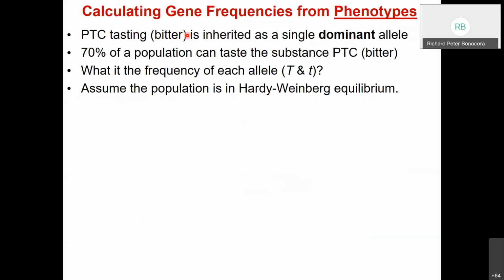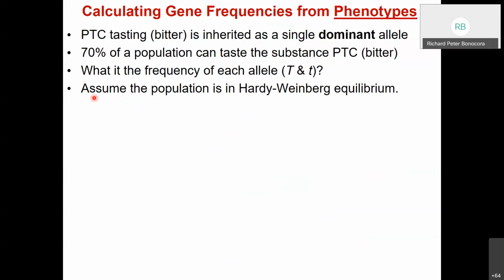So if you can taste it, you have a dominant phenotype. If 70% of the population are tasters, what does that tell you? How do we figure out our allelic frequencies from that, and determine what these allele frequencies are?